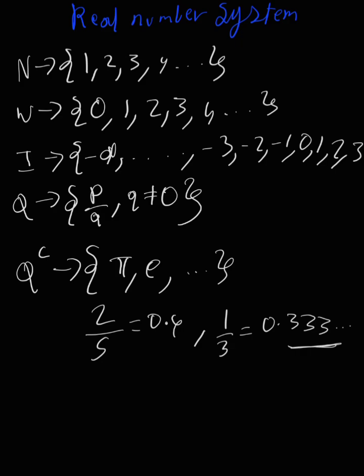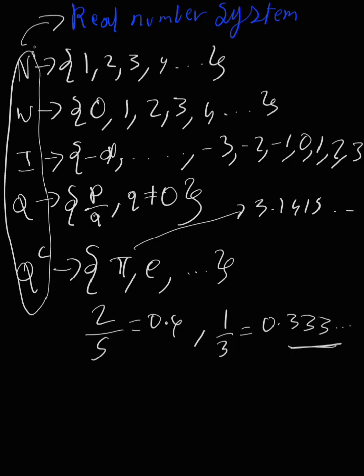They have random numbers. Let's take the pi value only, 3.1415 and so on, right? Now all these number systems together make our real number system. The real number system includes all of this, okay, all of this.